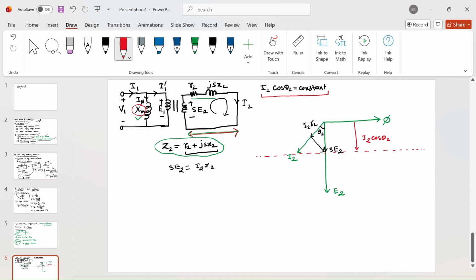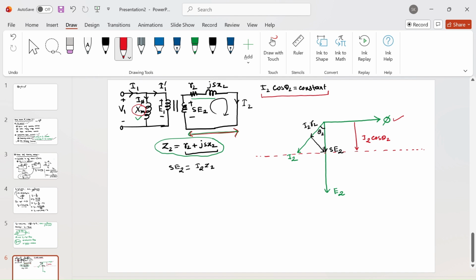Here phi is basically representing the rotating flux, and if you recall the phasor diagram of a transformer, E2 will lag phi by 90 degrees, and this E2 is the induced voltage in the rotor circuit at standstill.